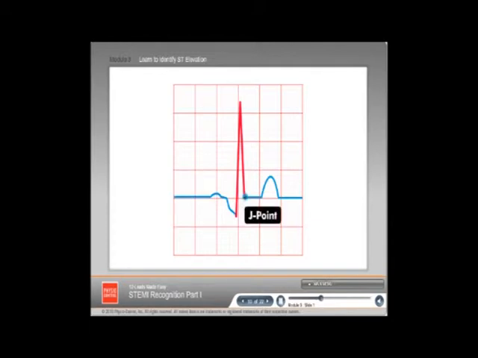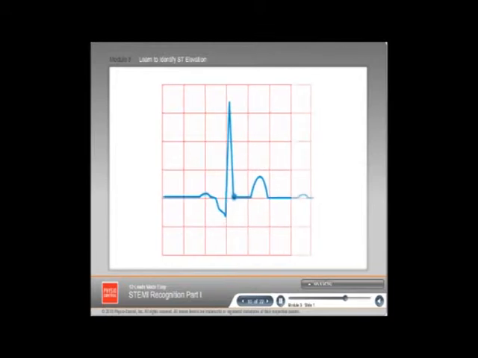So far, so good. However, when trying to determine if ST segment elevation is present, our instincts could lead us astray. Our eye wants to compare the J point to the PR segment. But that's not the best reference point because there are conditions that can cause PR segment depression. When that occurs, we could incorrectly conclude that ST segment elevation is present when in fact it's not.